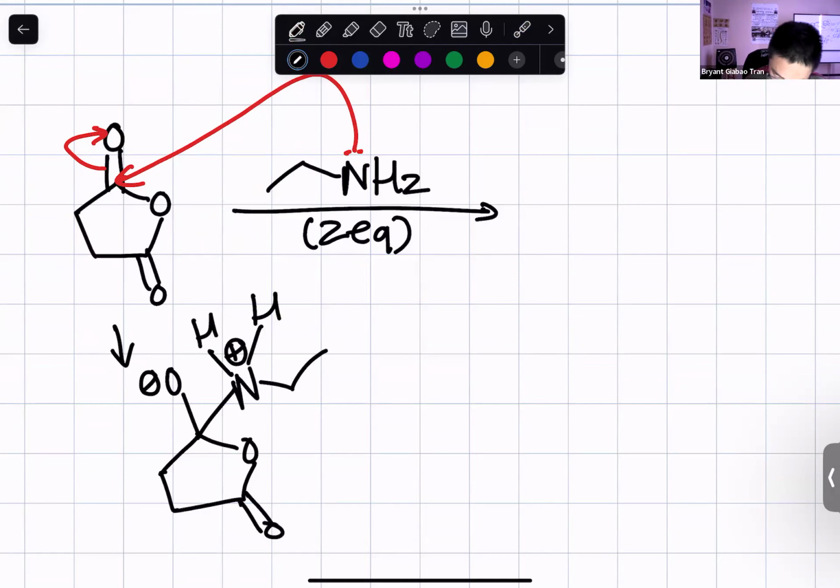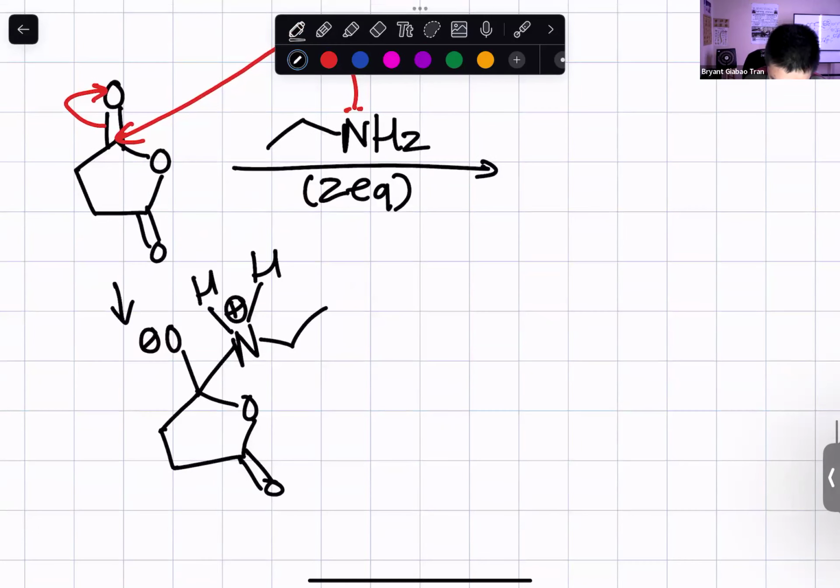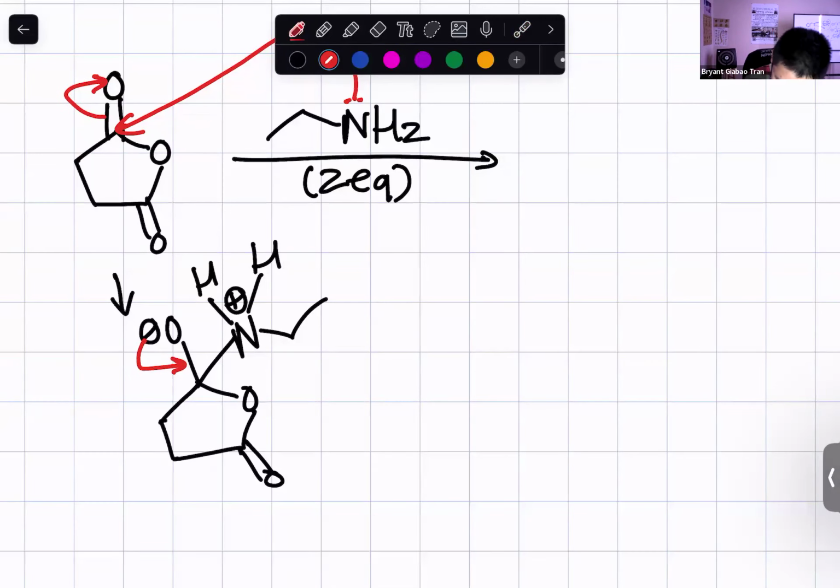Okay. Now, once we have this tetrahedral intermediate, what we could do is reform the carbonyl, the carbon number 1 oxygen, and kick out that leaving group right there.